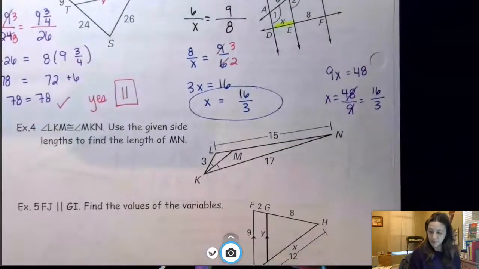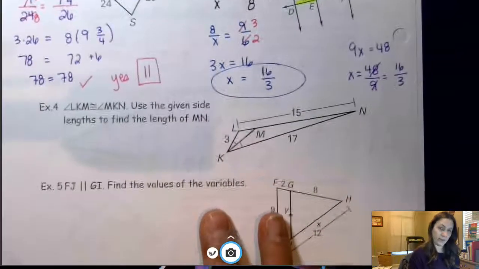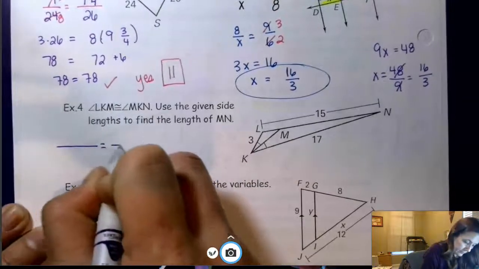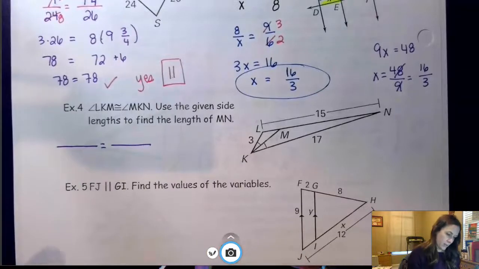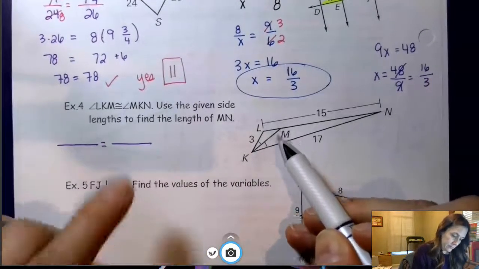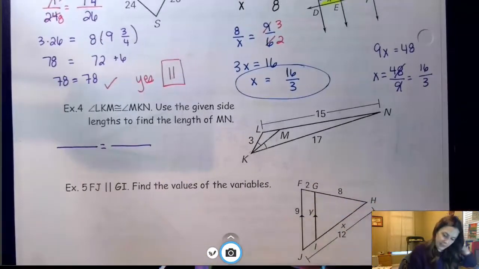This next one was a little bit tricky, I think. I remember this one being a little bit tricky. Can you set up a proportion? These angles are congruent, which means that it bisected the angle. I know this is 3 and this is 17, and I am looking for MN.